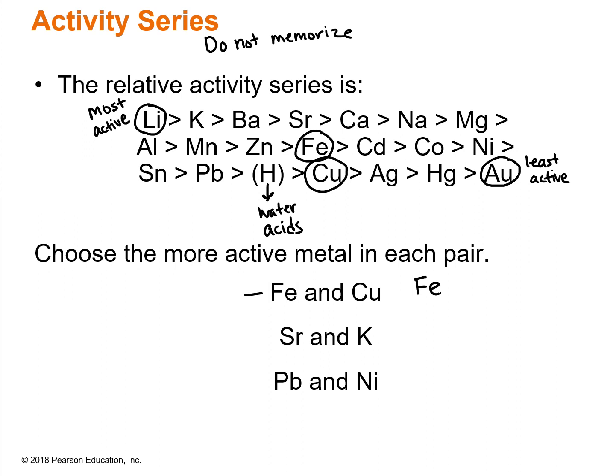Now I want you to look at the chart and tell me which one is more active, strontium or potassium. We'll circle these in red. Strontium's here. Potassium is here. It comes before strontium, so potassium wins.